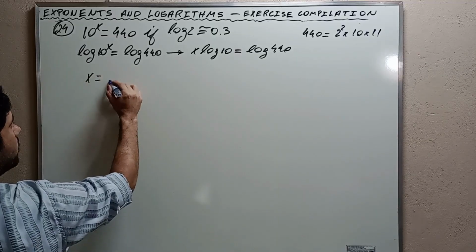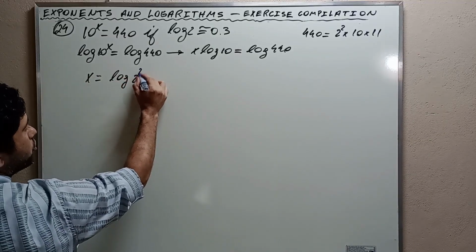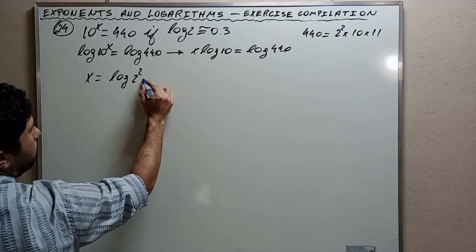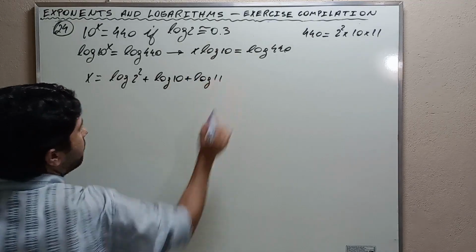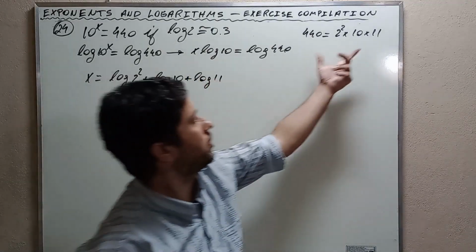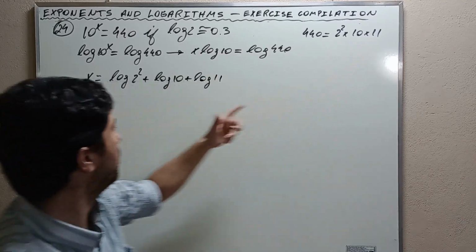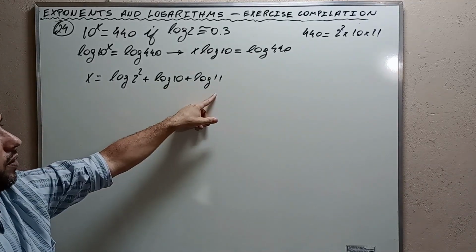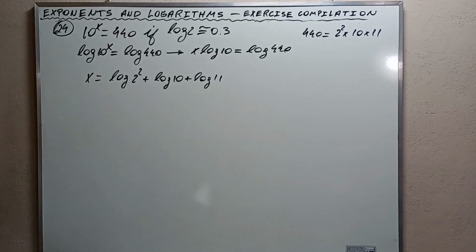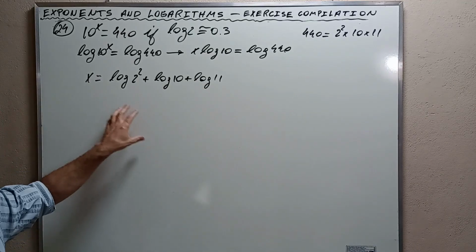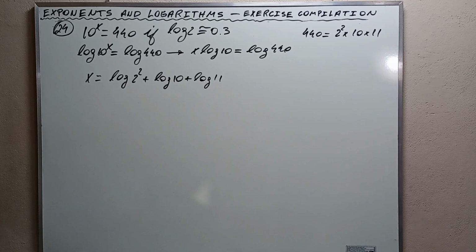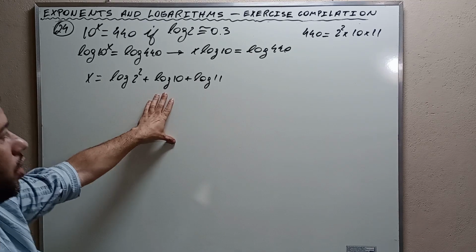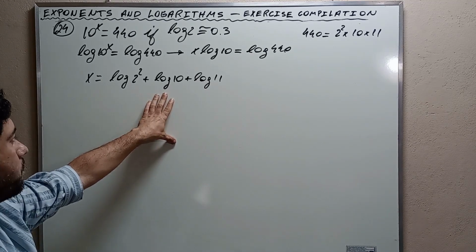X is equal to the logarithm of 2 squared plus the logarithm of 10 plus the logarithm of 11. Okay? Because the logarithm of this is equal to this if we apply the rule of addition, where the rule of product results in this addition here. The logarithm of 10, we know that is equal to 1.